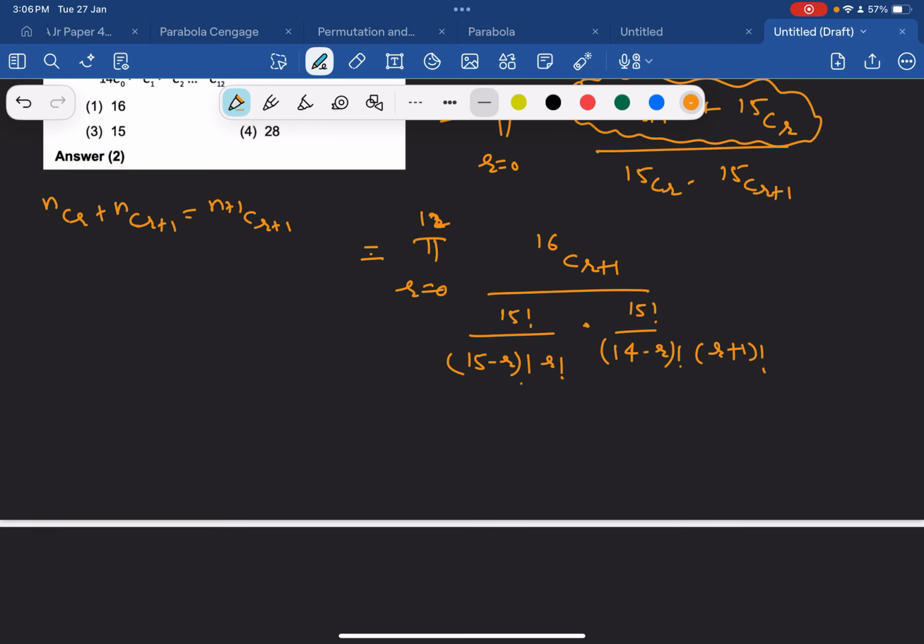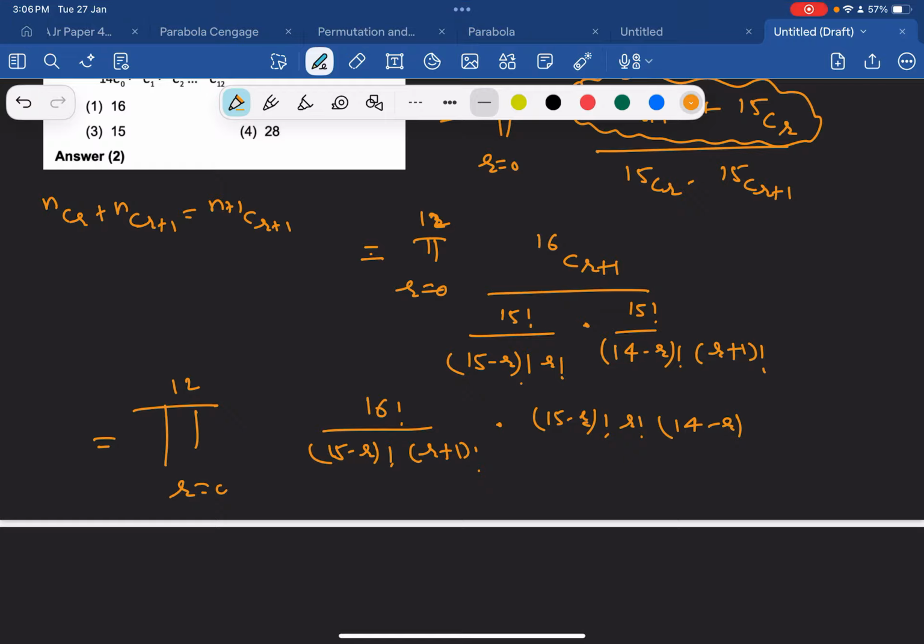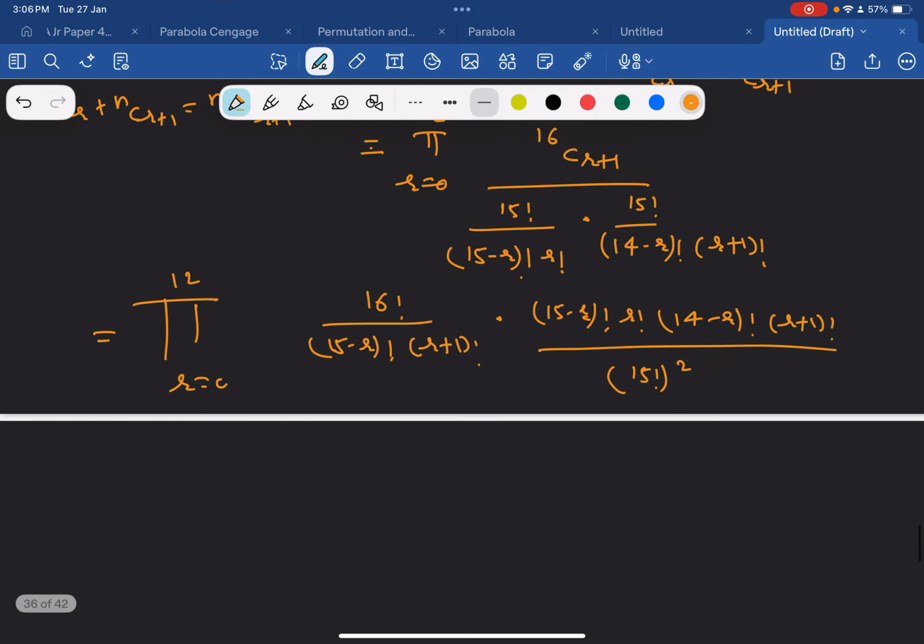So again I am going to simplify, see very carefully. Product of r goes 0 to 12, numerator if you simplify, 16 factorial upon 16 minus r minus 1, so 15 minus r factorial and then r plus 1 factorial, numerator goes to denominator, so 15 minus r factorial, 14 minus r factorial, r plus 1 factorial upon 15 factorial whole square.